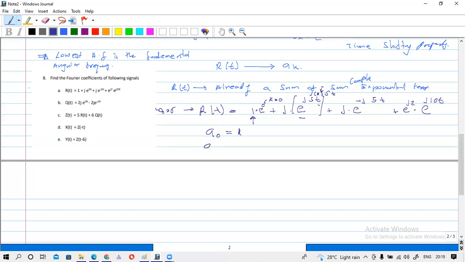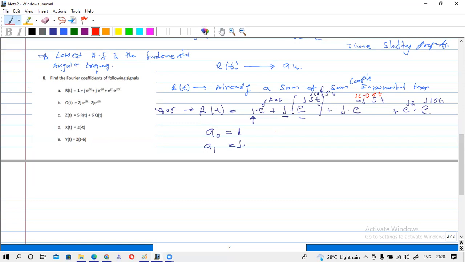So it is a_1, and the coefficient is j. Here, if you consider this one, we can write it as e^{j(-1)5t}. This 5 is omega naught, and this will be k, so k is equal to minus 1.